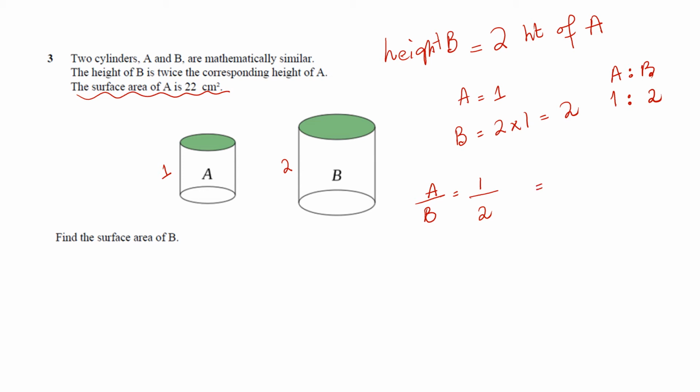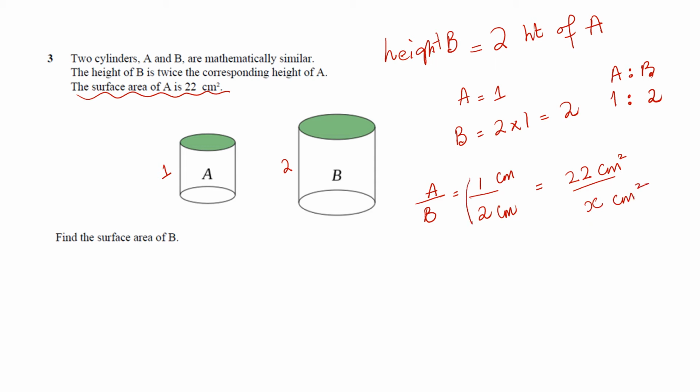So if the area is in centimeter square, the heights of the cylinders are given in centimeter. So area A is 22 centimeter square. You have to find the area of B, so it is x centimeter square.